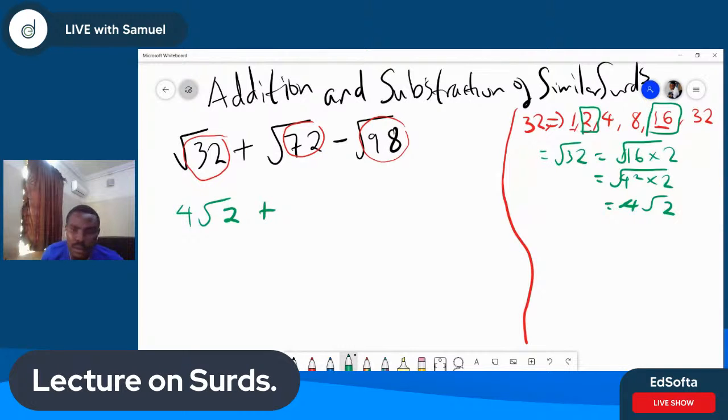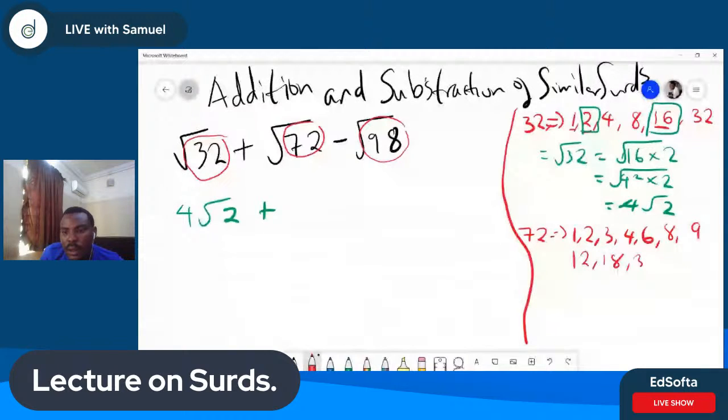Plus, we do that for 72 also. So for 72, we have 1, 2, 3, 4, 6, 8, 9, 12, 18, 36, and 72. Pick the lowest one. Is 72 a perfect square? No. Is 36 a perfect square?